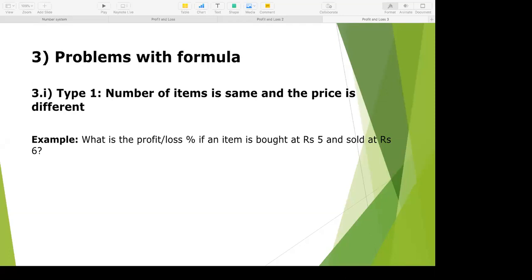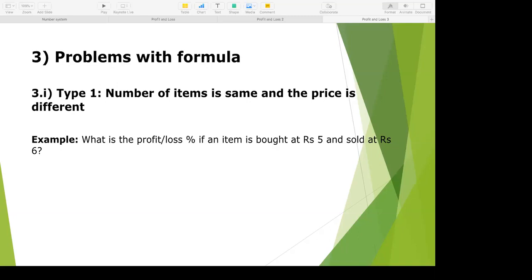What is the profit or loss percentage if an item is bought at rupees 5 and sold at rupees 6? So you can try to identify, are the number of items same here? Guys, are the number of items same? Yes. Because he bought one item and he's selling the same item.